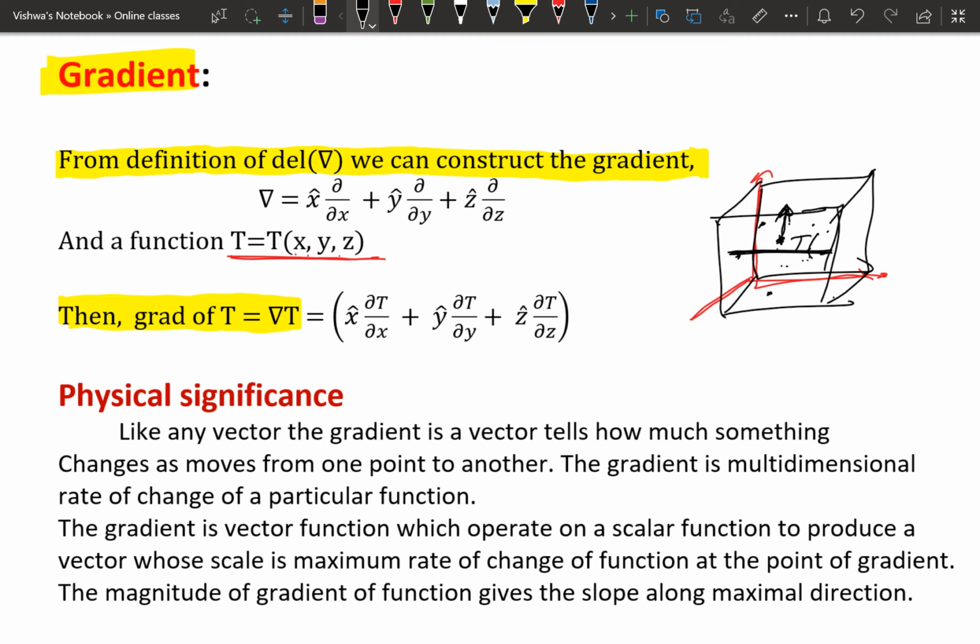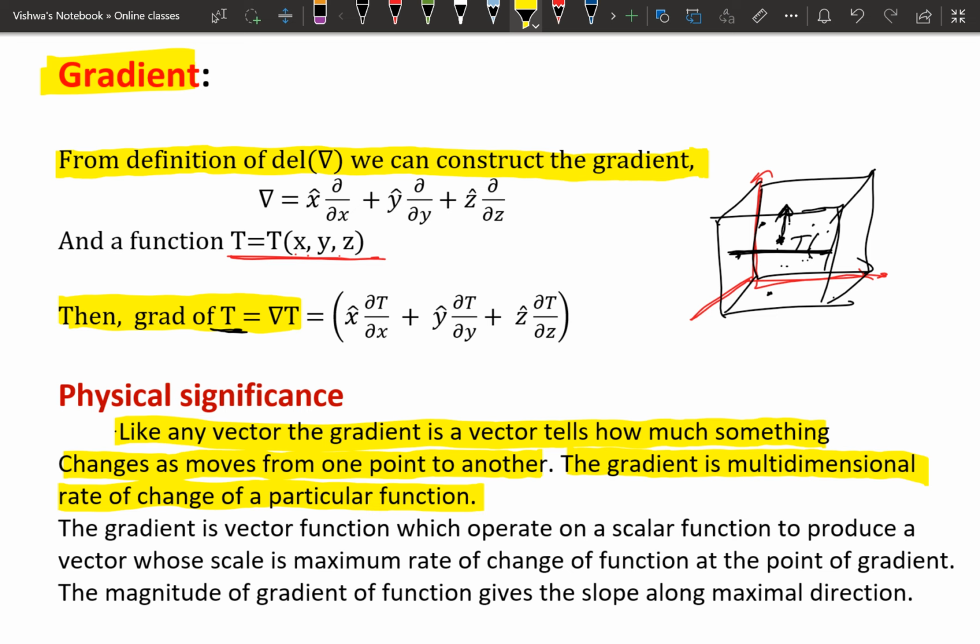Here the T, I am taking as an example of temperature. Now the physical significance: like any vector, the gradient is a vector that tells how much something changes as you move from one point to another point. The gradient is the multi-dimensional rate of change of a particular function, because that function changes in all the dimensions, in all the directions.